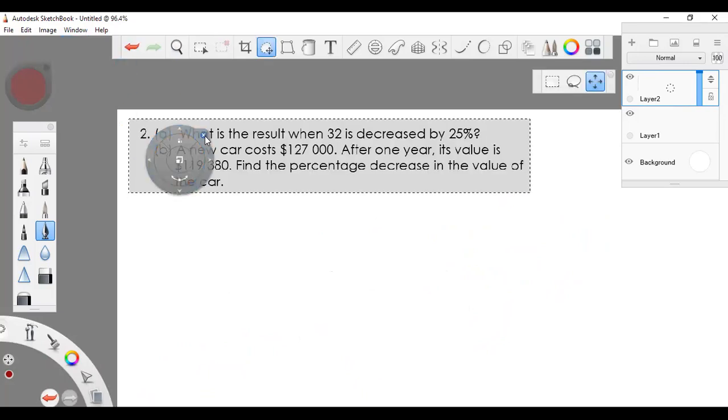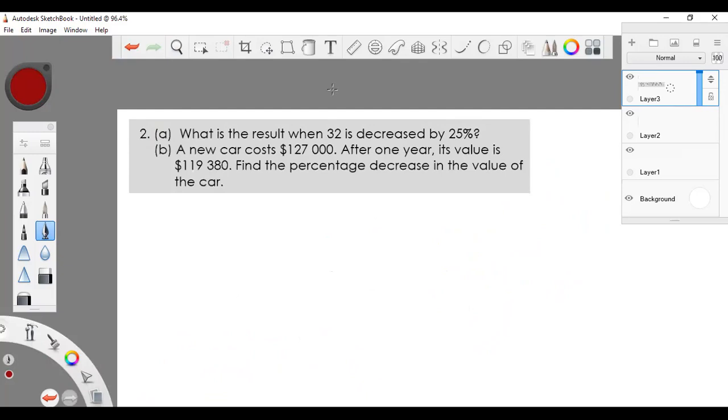What is the result when 32 is decreased by 25%? Again, the 32 is 100%. If it is decreased by 25%, the remaining will be 75%, right?